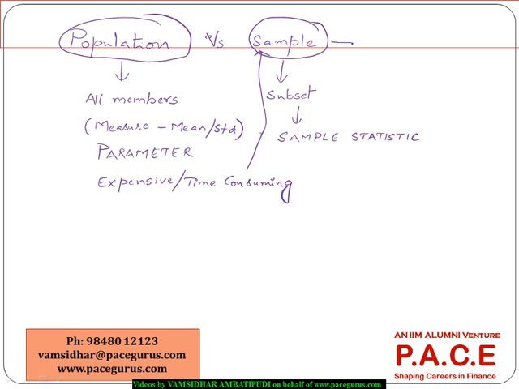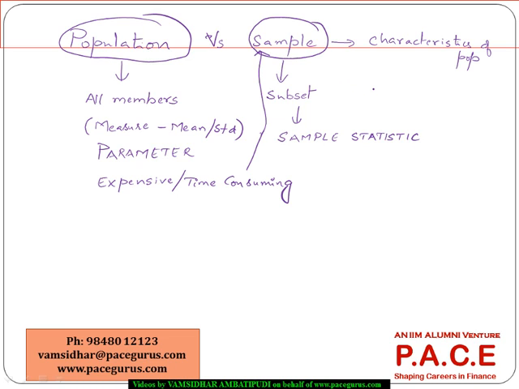But the sample needs to be chosen in such a way that it's a good representation, or it has almost all the characteristics of the population. That is one thing which needs to be looked at. There are different kinds of sampling methods which I will be dealing with in later sessions.